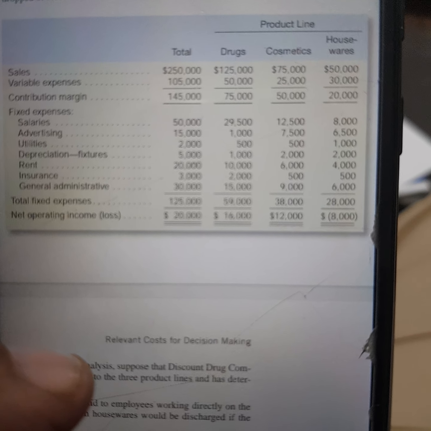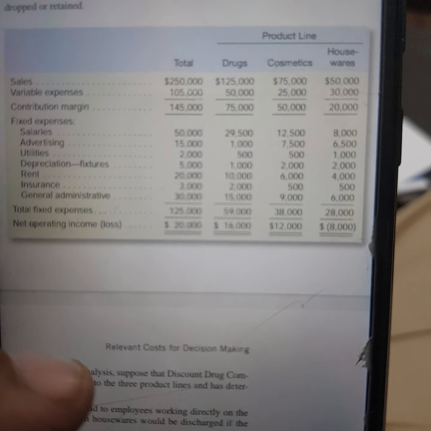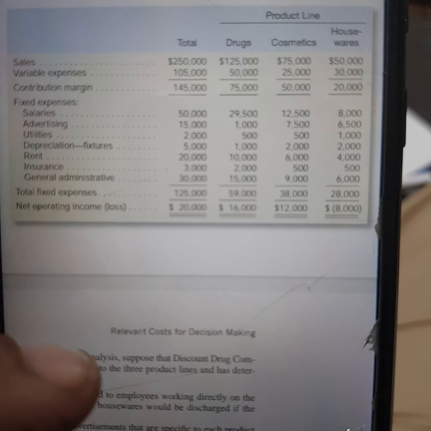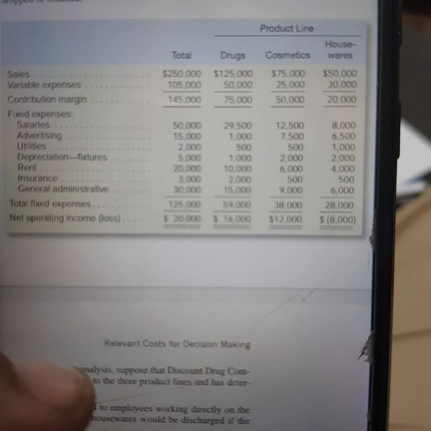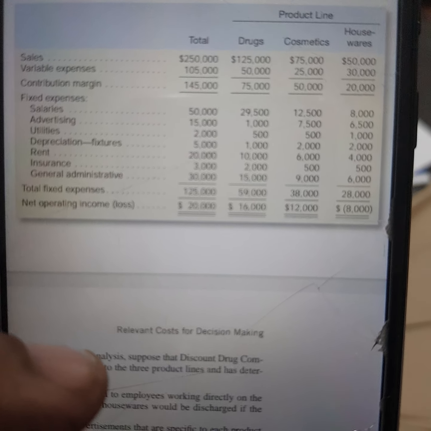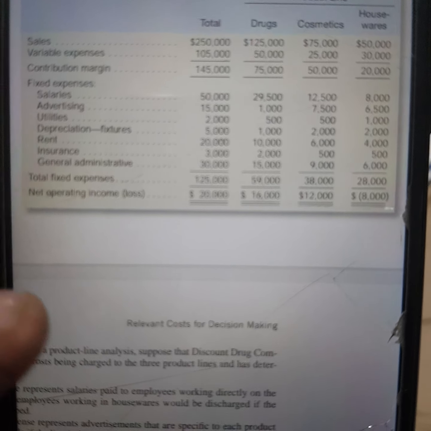Our total fixed expense becomes 28,000. If we take the difference of contribution margin and total fixed expenses, our net operating loss is 8,000. How to deal with the loss of the product line, that is housewares?